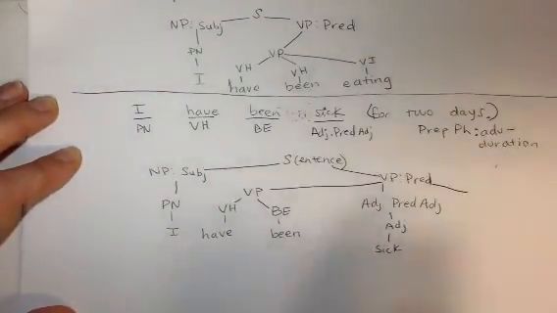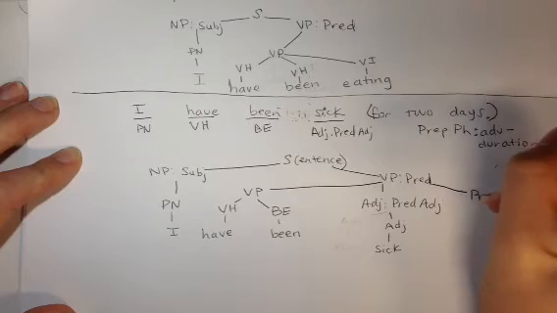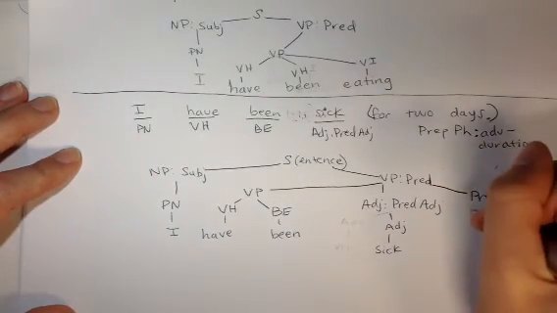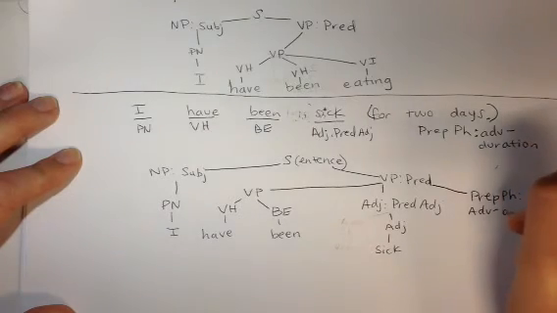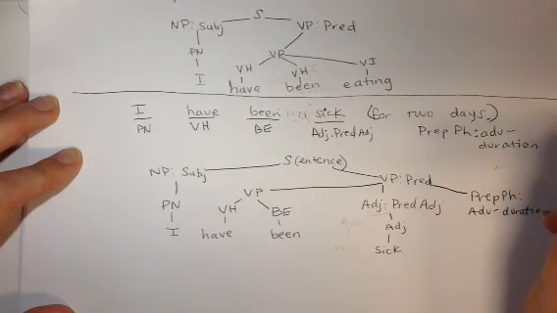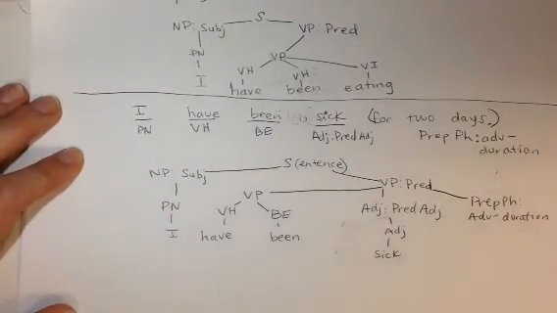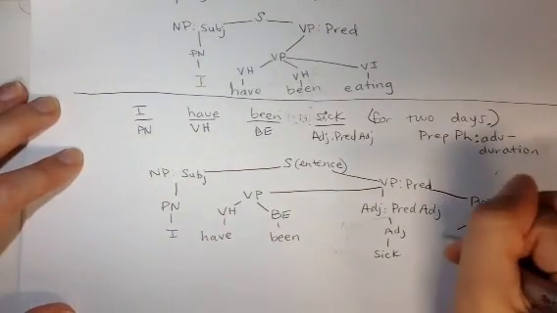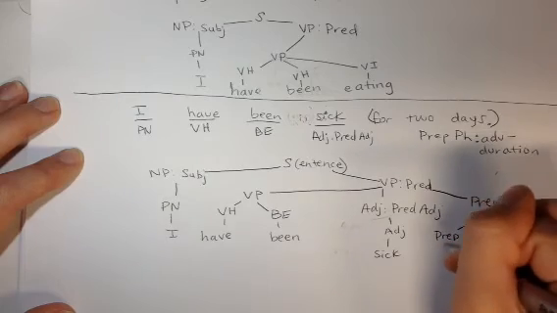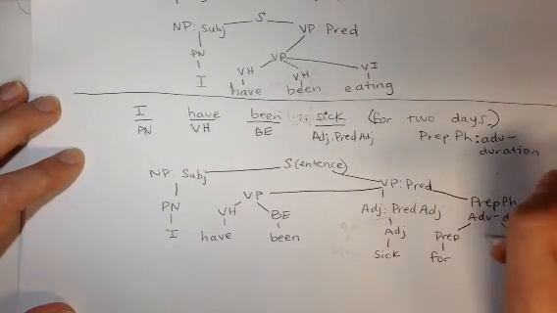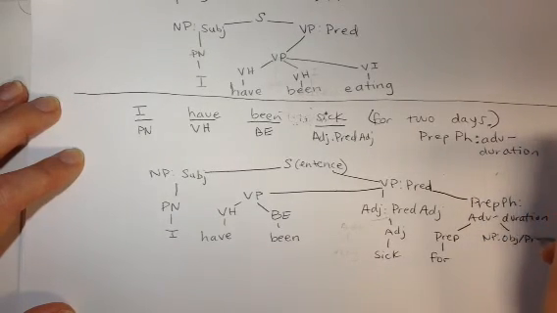Then we were left with a prepositional phrase. So we come over here and we write prepositional phrase. If you want to add in the description, you can say adverb duration. Make Miss Morley super happy. Demonstrate that you know what's going on. We always have the preposition, which is for. Then we have our noun phrase, which is the object of the preposition.